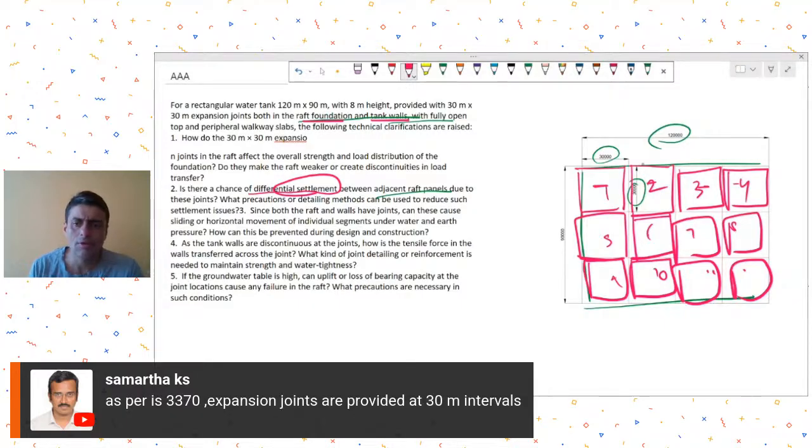If at all you have to provide, then as I told you, there will have to be double walls. That means there will be a tank wall like this, and then there will be a tank wall like this. So there will be double walls over here. So these become independent units in themselves. Only then you can ensure water retention and no water leakages.